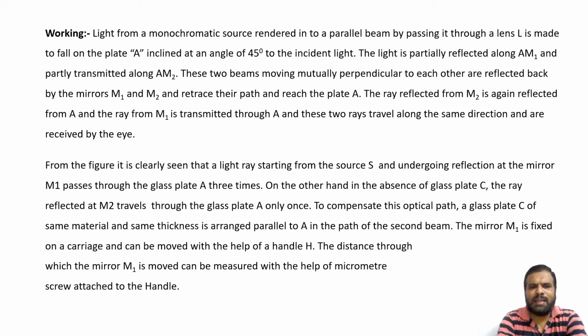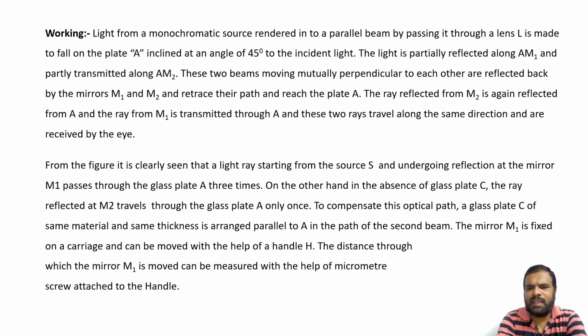From the figure, it is clearly seen that a light ray starting from the source S and undergoing reflection at the mirror M1 passes through the glass plate A 3 times. On the other hand, in the absence of the glass plate C, the ray reflected at M2 travels through glass plate A only once.